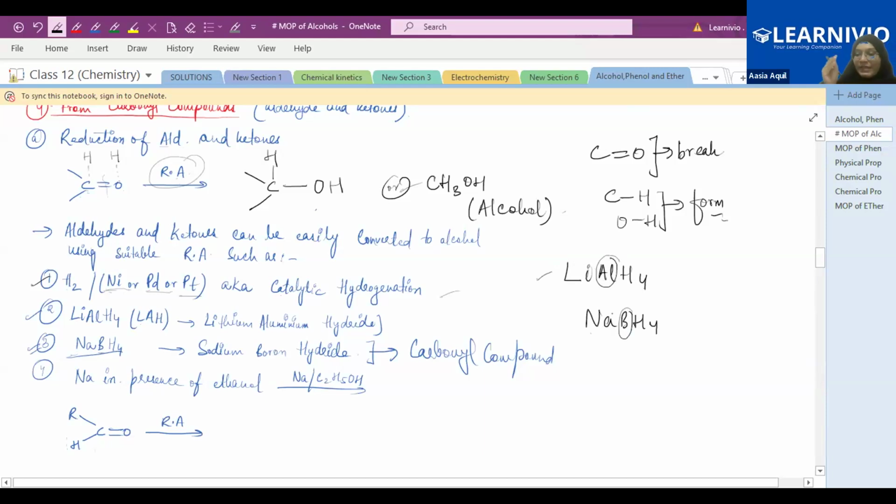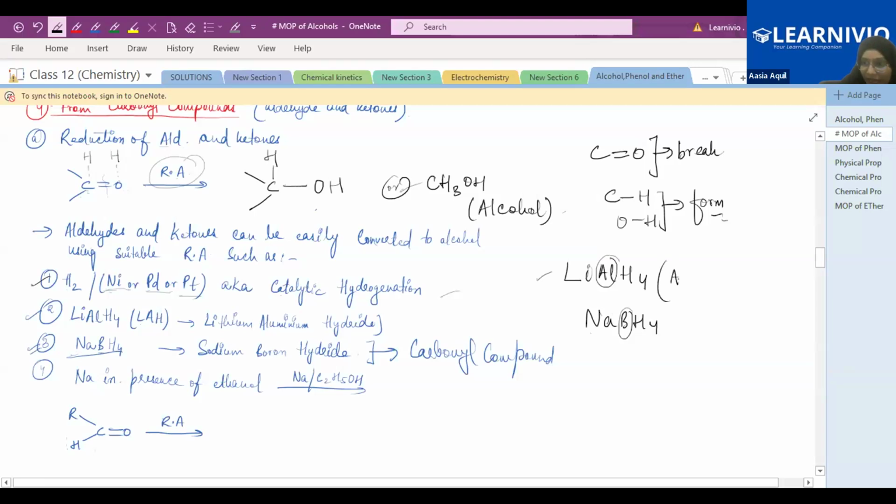Now tell me which one is more electronegative. Aluminium or boron, between these two, which one is more electronegative? Okay, see. So here in lithium aluminium hydride, what's the bond?